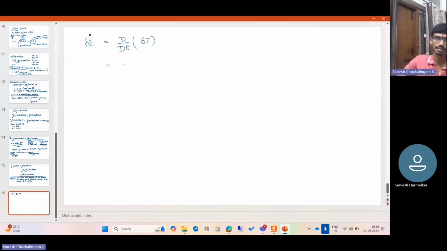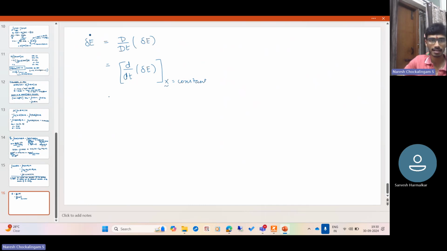Material time derivative is keeping the material point constant. So this is fixed, and we see how the field actually varies at that point.